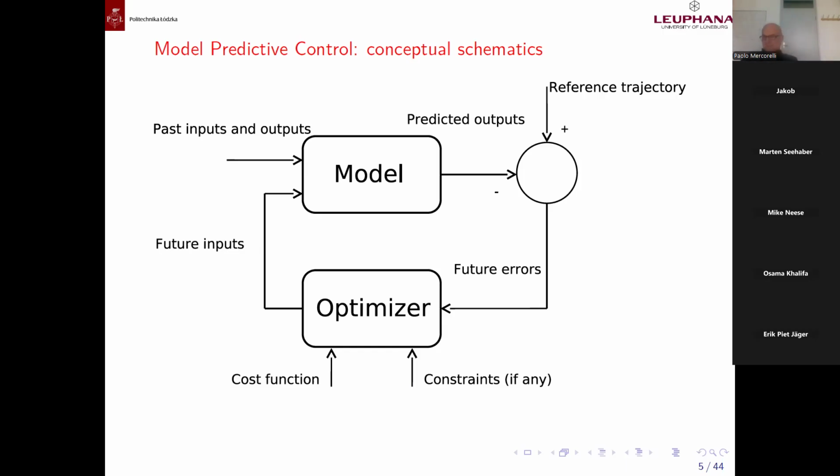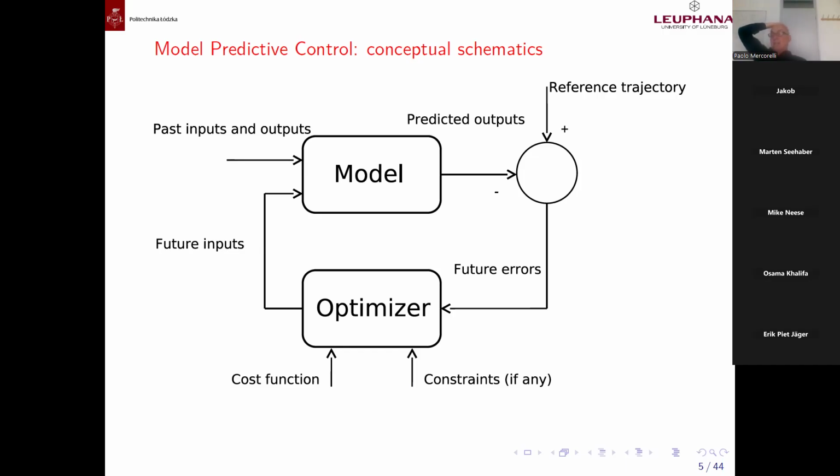And then, which is basically future values. Why that? Because, how possible to say, through the model, I will predict the difference between the reference trajectory and predicted output generates future errors. Think about it in terms of vectors.